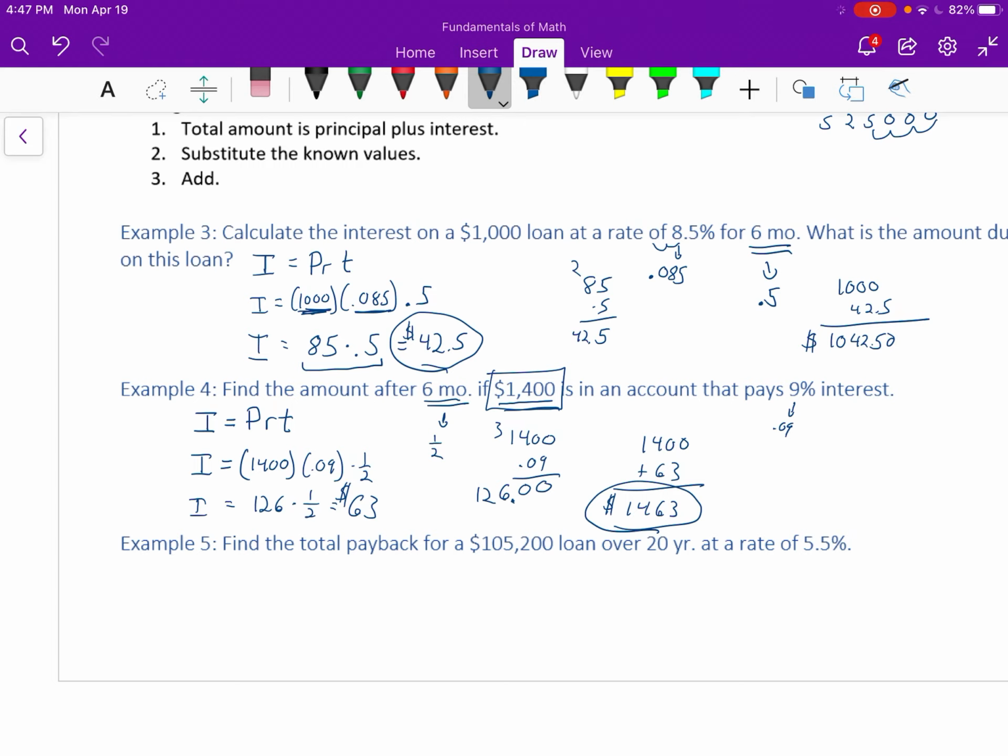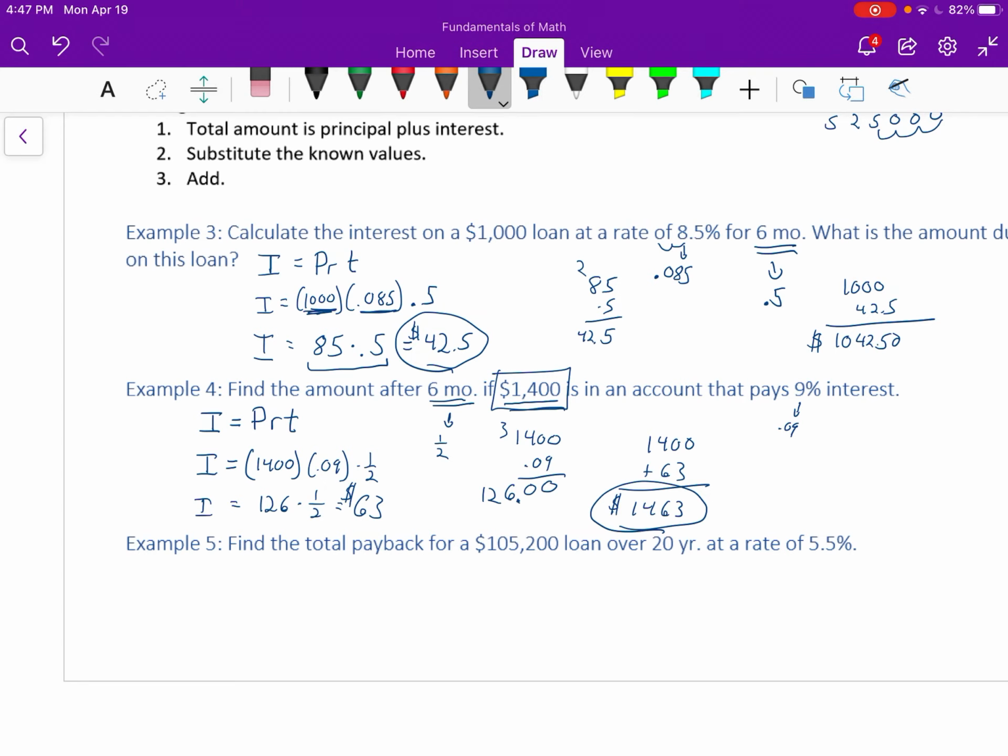And find the total payback for a $105,200 loan over 20 years at a rate of 5.5%. So this might be a loan that you take out for a house, 20 years. So how much will you be paying back over that time? First, we want to find the interest that you'll be paying.